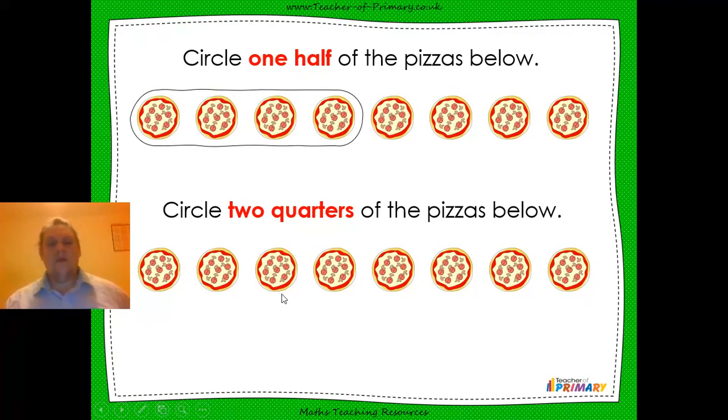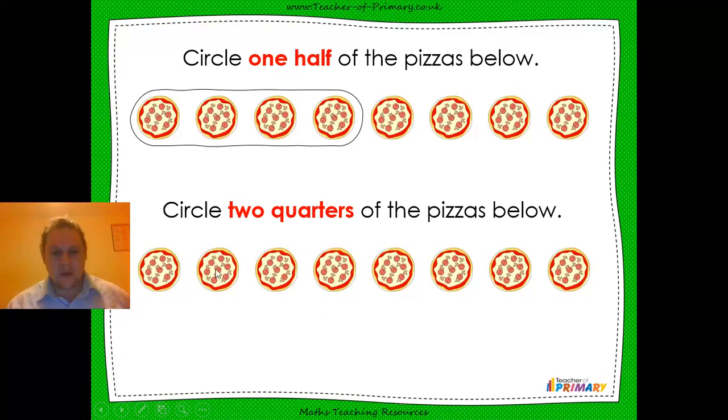But what we're looking at with quarters is each 2 of these is 1 part. It's been divided into 4 groups. 1, 2, that makes 1 group. 1, 2 again, that makes group 2. 1, 2 again, that's group 3, and that's group 4.